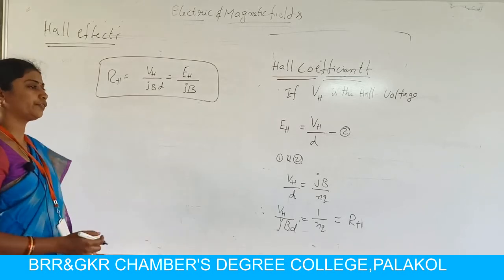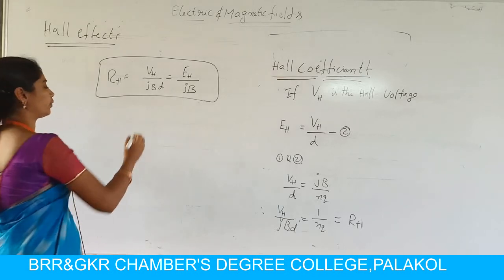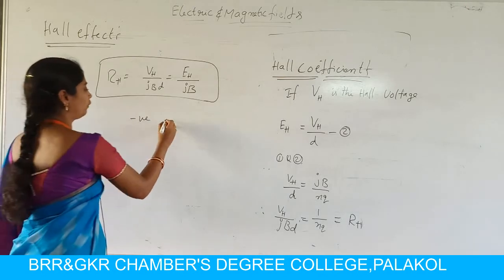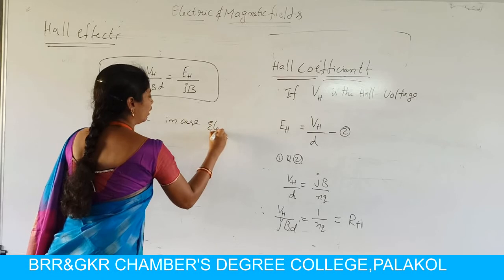By this Hall coefficient, the nature of the charge carriers is determined. In the case of electrons, the charge carriers are negative.